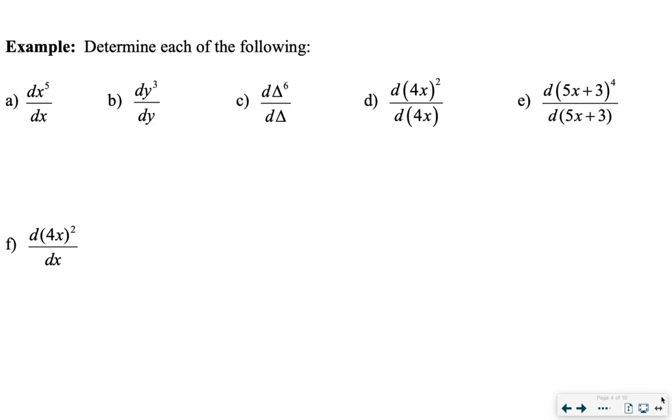So I want to determine each of the following. These are all taking the derivative, remembering that derivative notation that we had kind of looked at the start of the unit. Right? So I've got the d over dx. That's taking the derivative with respect to x.